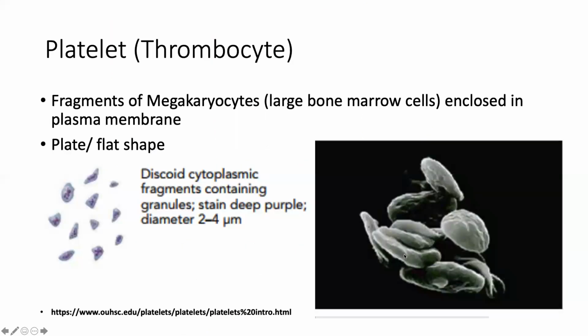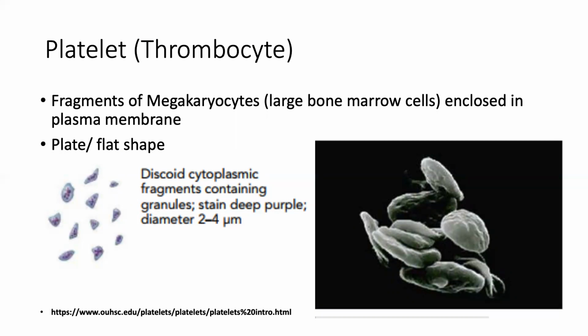Now let's look at the platelets, which are also called thrombocytes. Platelets are not a complete cell. They do not have a nucleus or organelles. They are just fragments from the much larger megakaryocytes, large bone marrow cells, and they are enclosed in the plasma membrane.